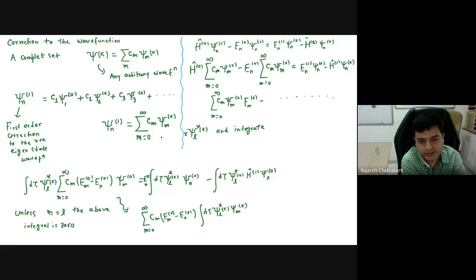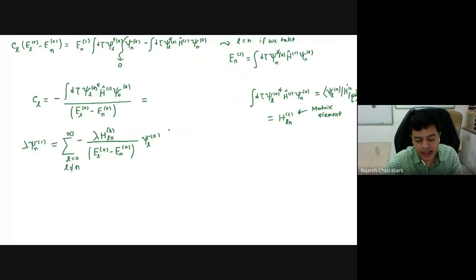But if l is not equal to m, that will vanish. So that will give you the coefficient of psi L. Anyway, we had calculated the coefficient CL, and it is given by this expression, and that will give you the first order correction to the wave function. And this is where we stopped in the last class.